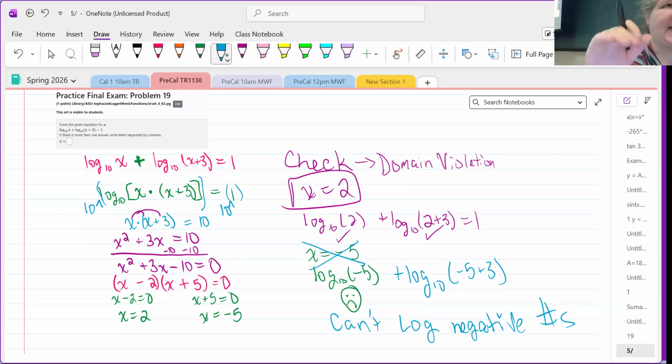Not because it's negative in itself, but because when I plug it back in, it's putting negative results in the logarithms. Like we saw at the end of class on Tuesday, we had a solution of -2 that worked in the equation because the equation had a minus sign with the x, so the negative numbers actually worked. So it's not just that we always throw out negative numbers, we always have to check it back against the original equation because it is completely dependent on the structure of the original equation for what works.